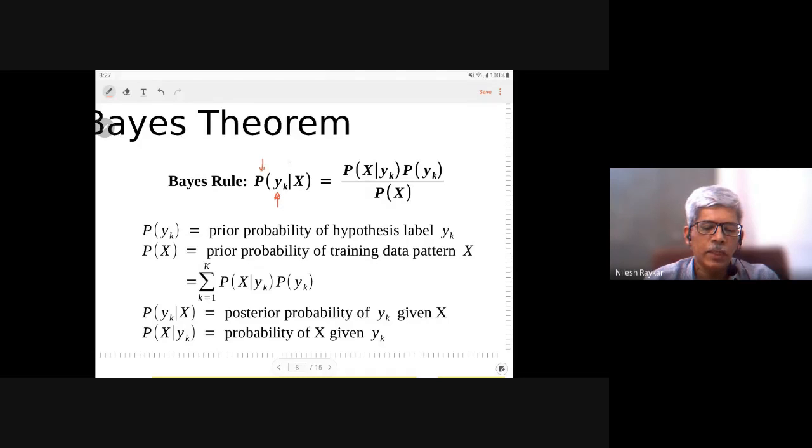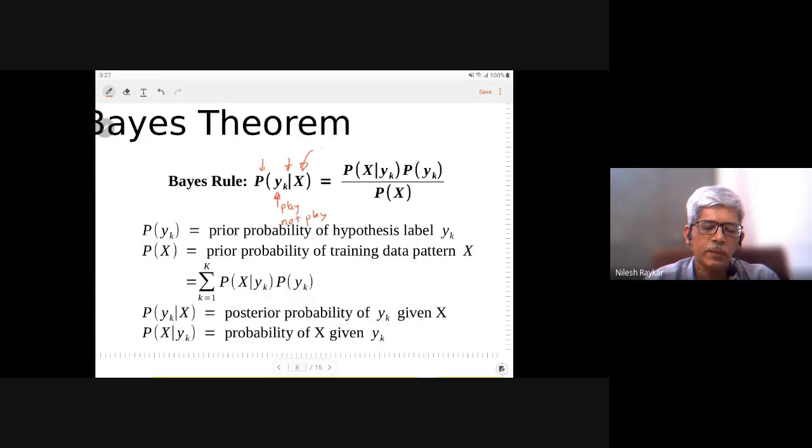The vertical bar represents the condition under which we are predicting the probability. So we want the probability of yk, let's say the probability of playing tennis. Here yk is either play tennis or not play tennis, that is our yk, or the label, given x.